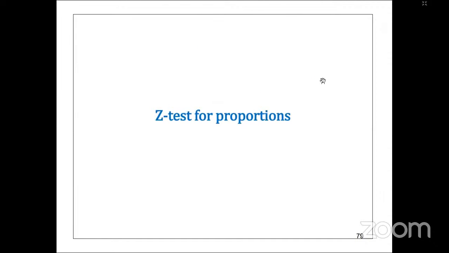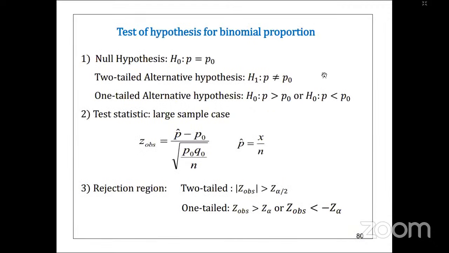Z-test for proportions. Let us go for the Z-test for proportions, because we have specific objectives. Here you want to set up the hypothesis which is related to proportions, P equal to P naught. Again, set up the hypothesis and the alternative hypothesis.